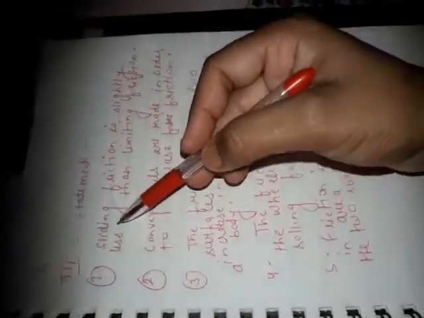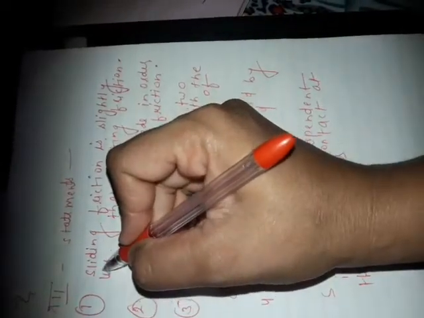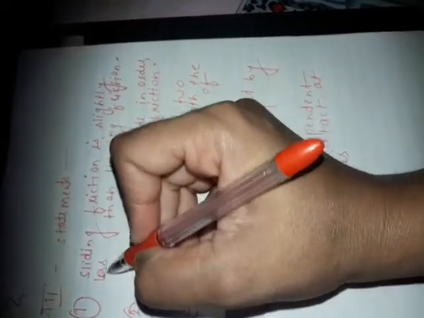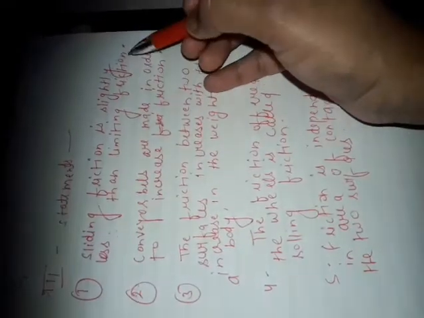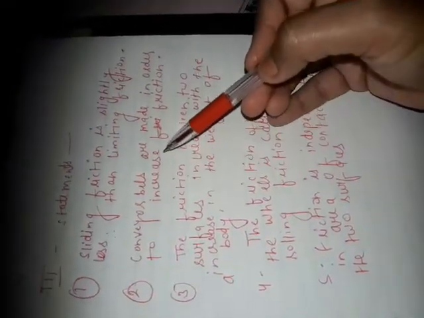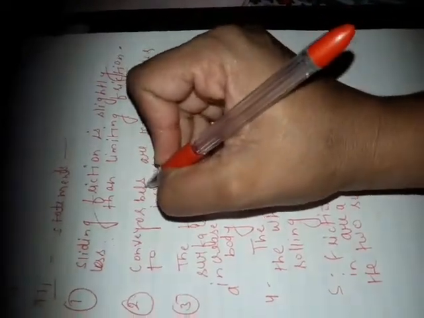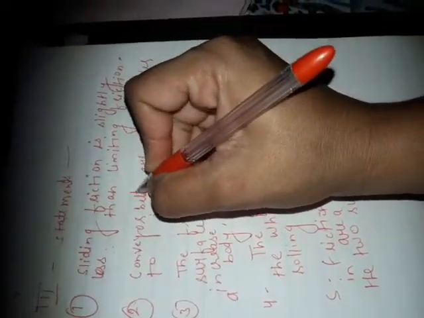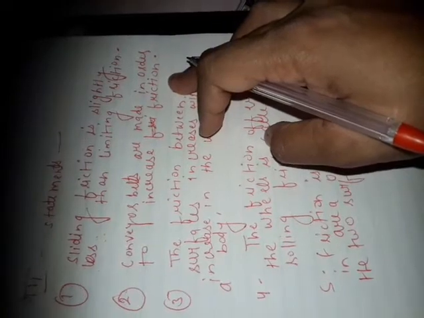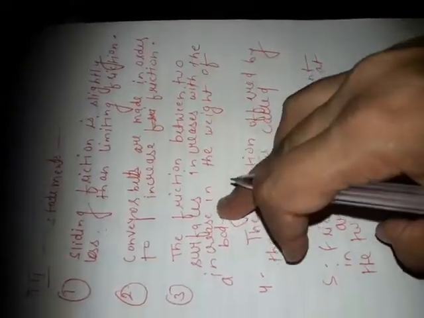In the statements, first one, sliding friction is slightly less than limiting friction. Conveyor belts are made in order to increase friction, and the friction between two surfaces increases with the increase in the weight of a body.